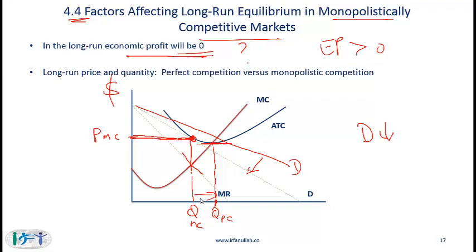So in perfect competition, we'll be at a higher number. Also notice that the price with monopolistic competition is higher than the price that we would have in a perfectly competitive market. So both price is higher with monopolistic competition and quantity is lower.